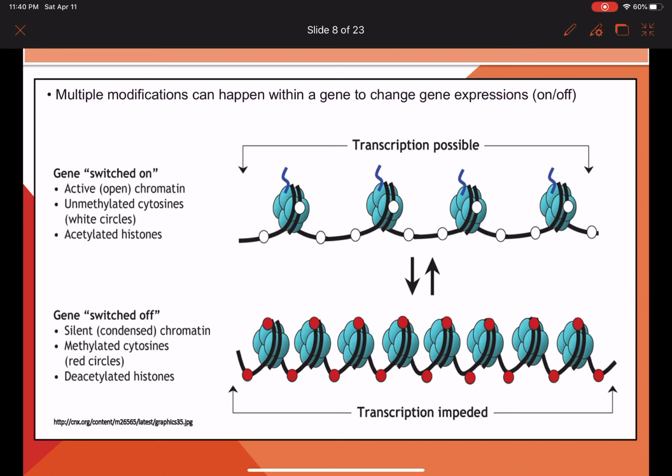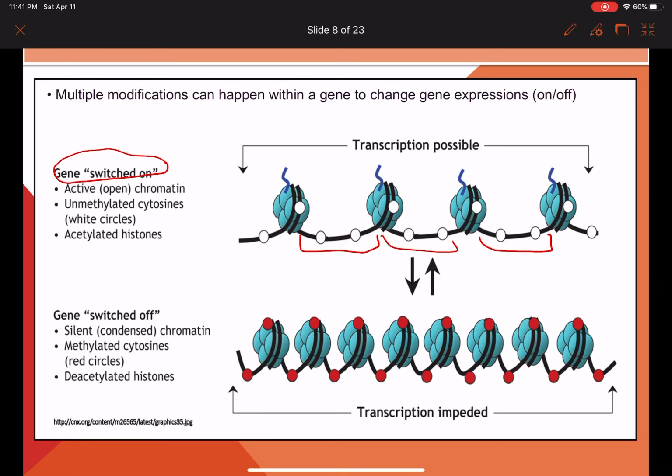So here you have an example where you have a gene that is switched on because you have active or open chromatin structure, where you have stretches of your DNA molecule that are exposed for any protein or the transcription initiation apparatus to bind. And you have unmethylated cytosine, which is no DNA methylation.